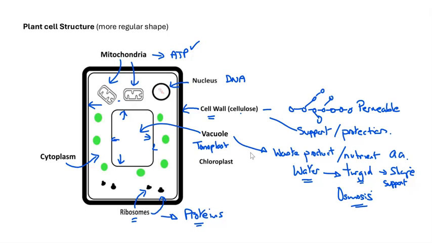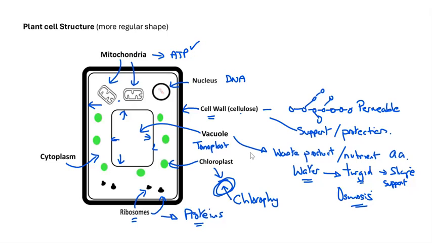I've drawn in green here structures which I'm going to call chloroplasts. These are unique to plants as well. The chloroplast is an organelle. It has membranes as well. It's actually a double membrane. And within the center, which is why I've drawn it in green, is a molecule called chlorophyll.